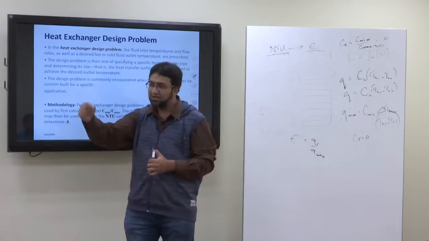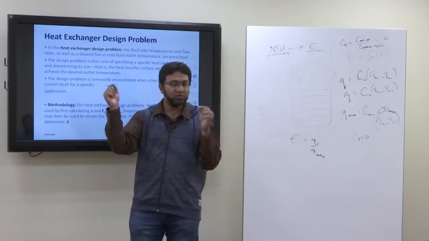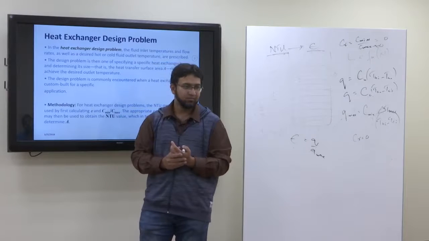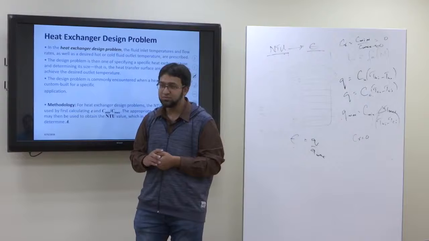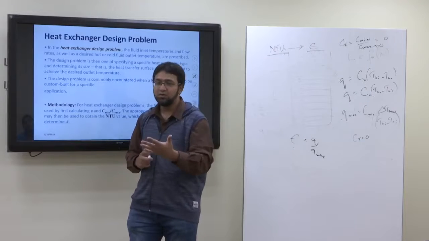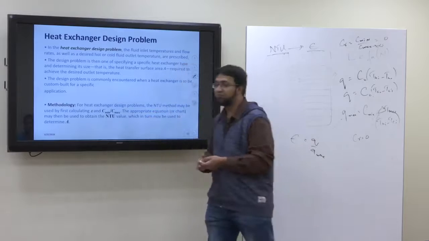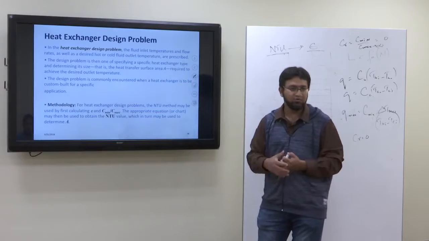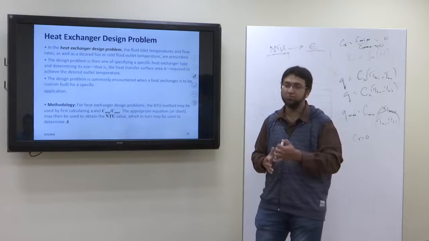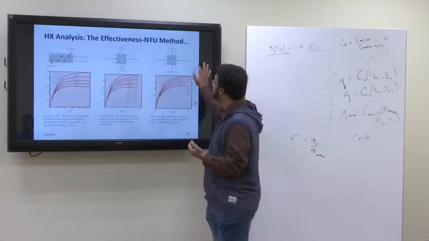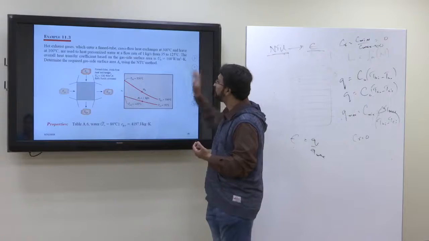You supply the hot fluid and the cold fluid, you want the heat transfer to take place, and you want to know how good your heat exchanger is working. So you want to know the effectiveness. That is the performance problem. We're going to solve problems related to the design problem as well as performance problems. Let's first go towards the design problem.